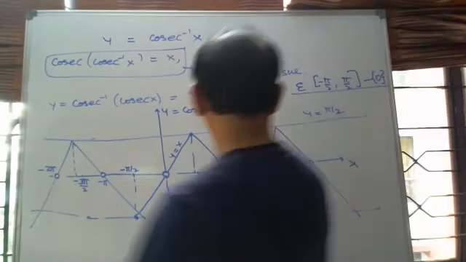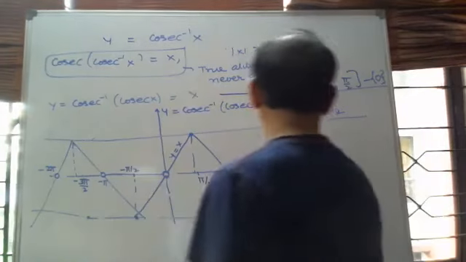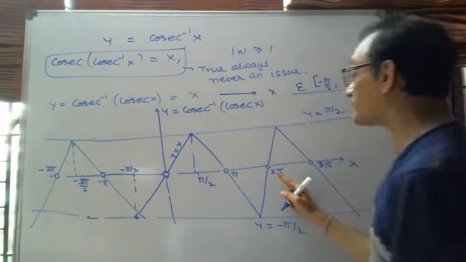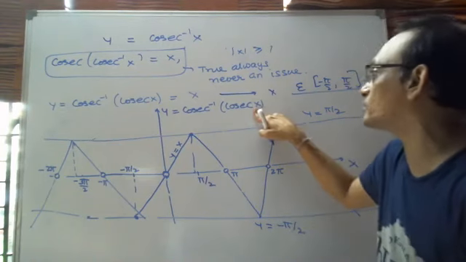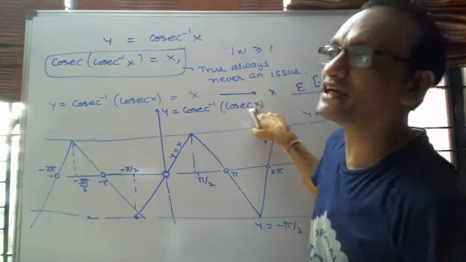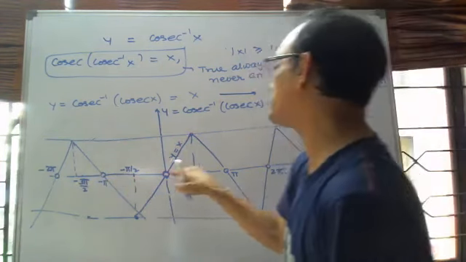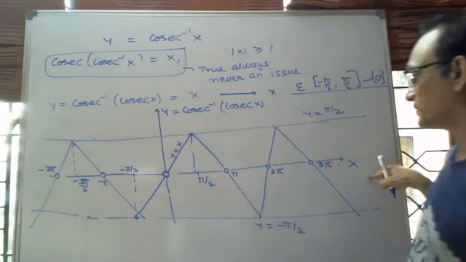This is +1 and this becomes pi, this becomes pi. Look, there is a problem at x equal to n pi, because at x equal to n pi, 1 by sin x is undefined.